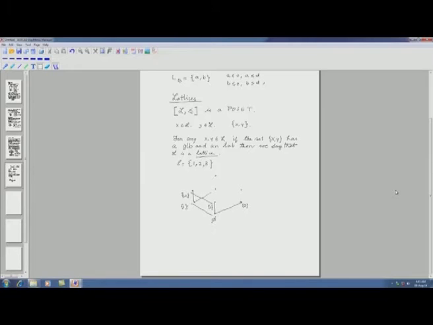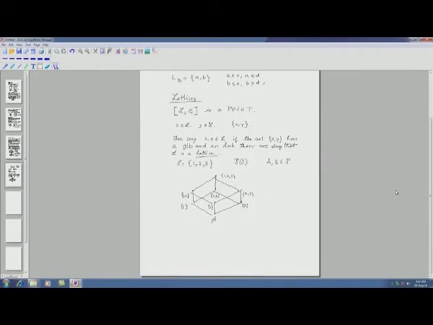1 3, and this is 2 3. These are the subsets of S, and eventually we have 1 2 3. We join this as well.